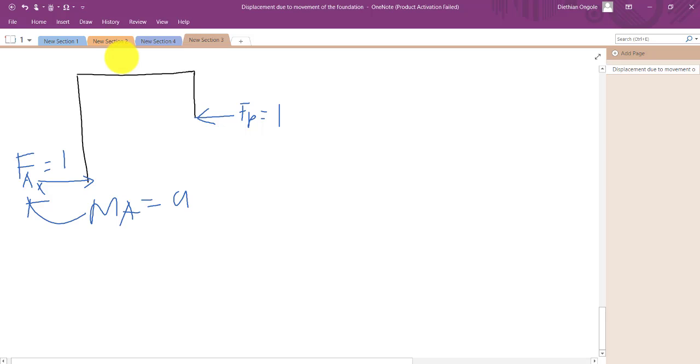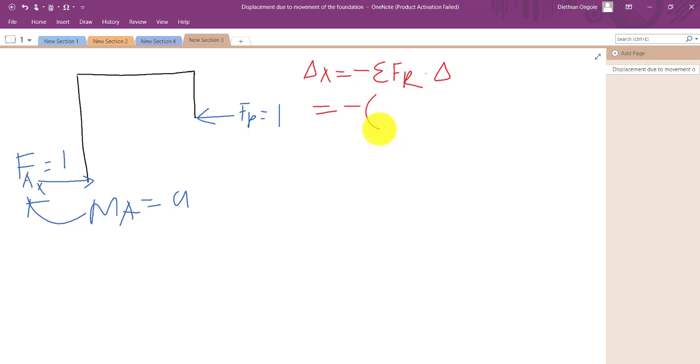So our displacement delta x, that is displacement in the x direction, would be equal to negative summation of Fr times the displacement. This would be equal to negative, open the bracket. We first begin by looking at the forces in the x direction.